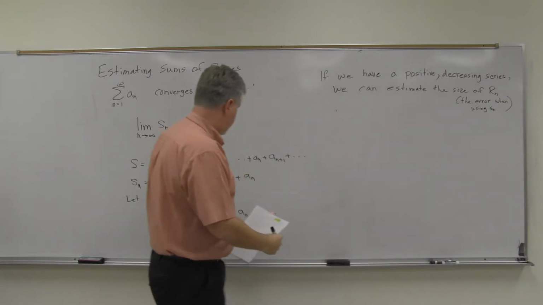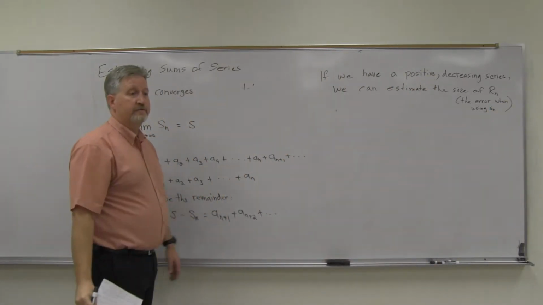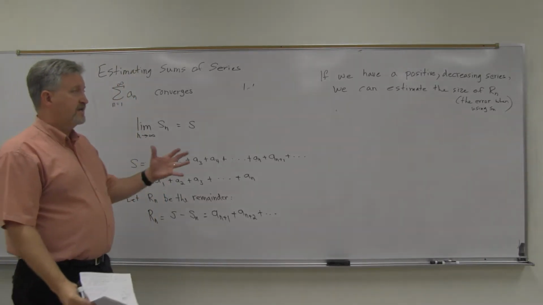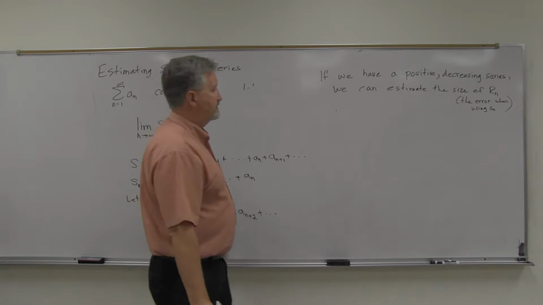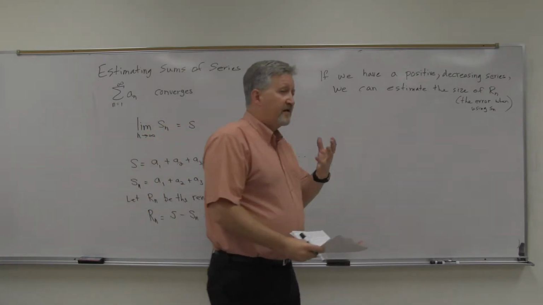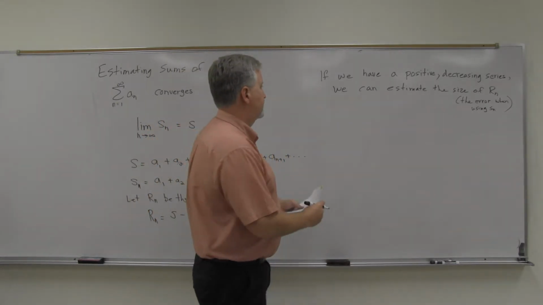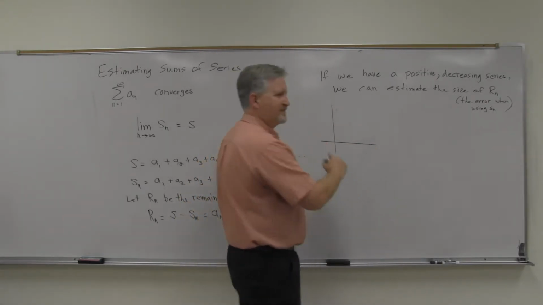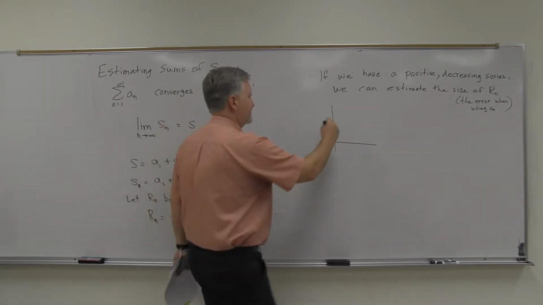And R sub n is going to shrink whenever I use more terms. But we can estimate the size of that error, R sub n, by thinking about the integral test. Remember on the integral test, we use these little diagrams to help us understand.